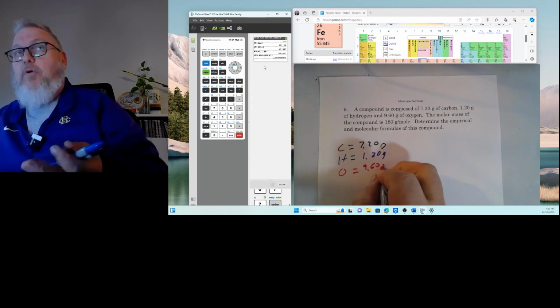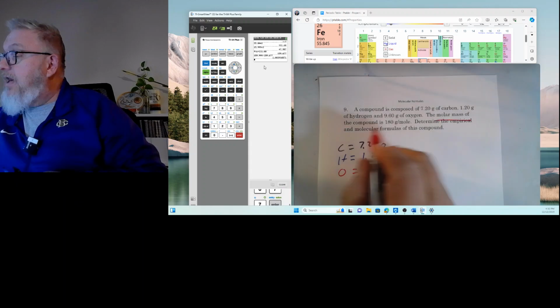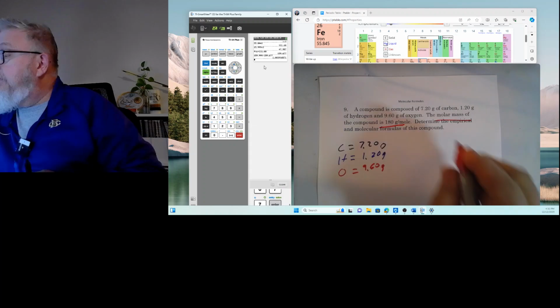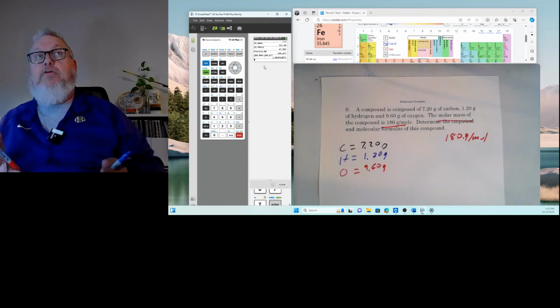This is the more traditional formula you'll see. Now notice it says the molar mass of the compound, the molecular mass, is 180 grams per mole. Okay, so we need to find the empirical formula, and we need to find the molecular formula.